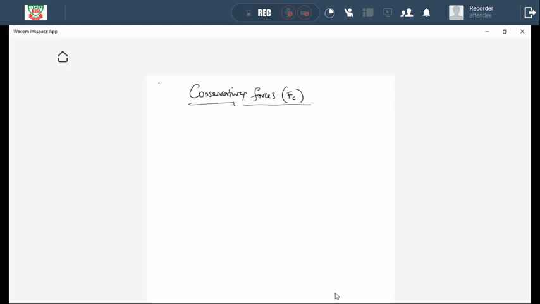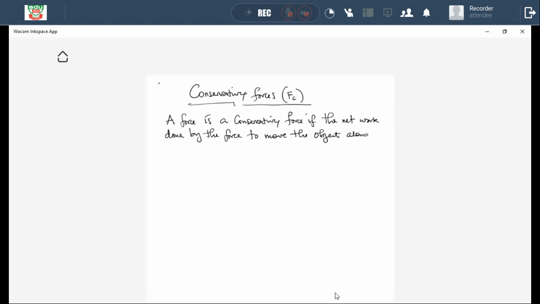By definition, a force is a conservative force if the net work done by the force to move the object along a closed path, and I think we need to underline the term closed path, that starts and ends at the same point, is zero.